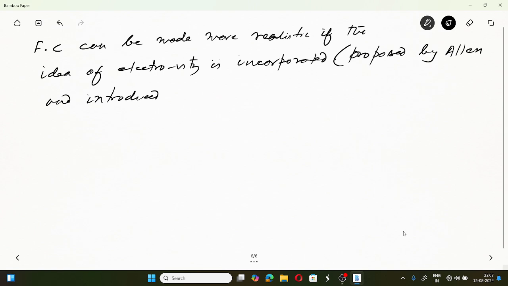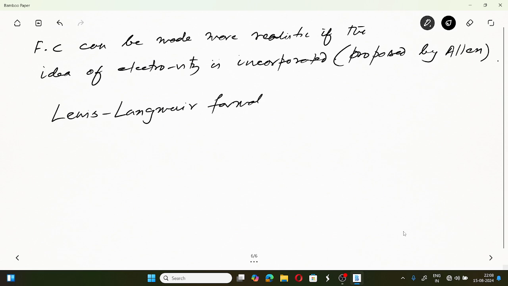Proposed by Allen, and often it is referred to as Lewis-Langmuir formal charge.